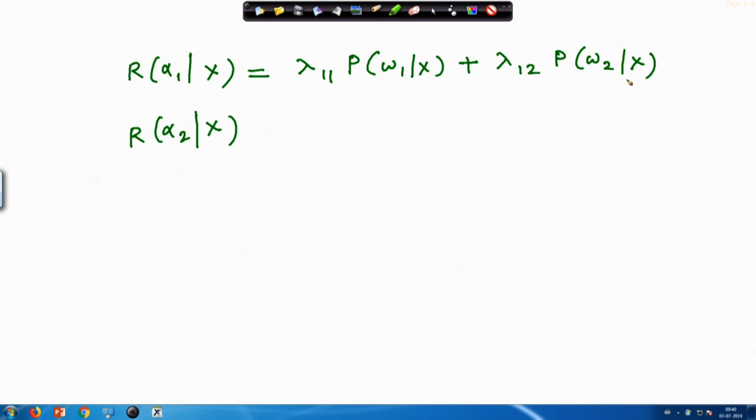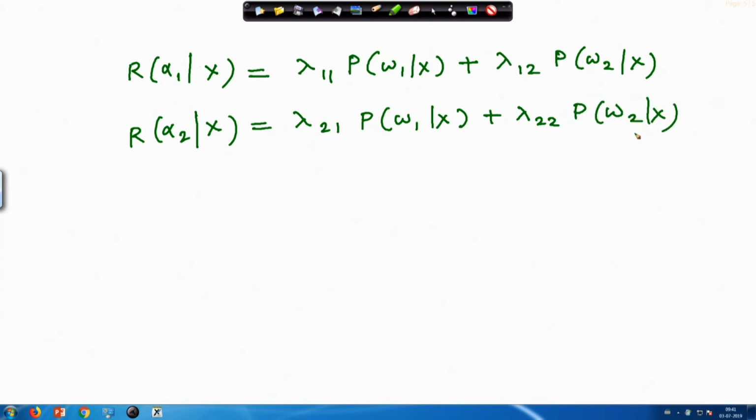Similarly, lambda 1 2 is nothing but lambda of alpha 1 given omega 2. In the same form, I can write R of alpha 2 given x as lambda 2 1 p of omega 1 given x plus lambda 2 2 p of omega 2 given x.